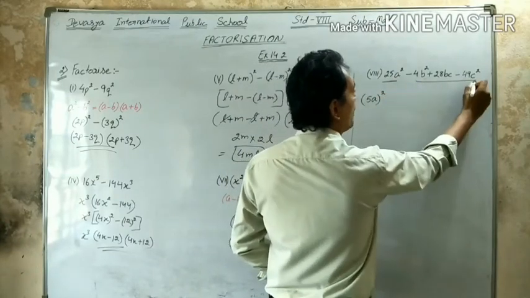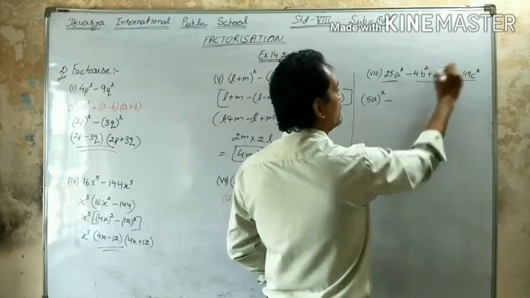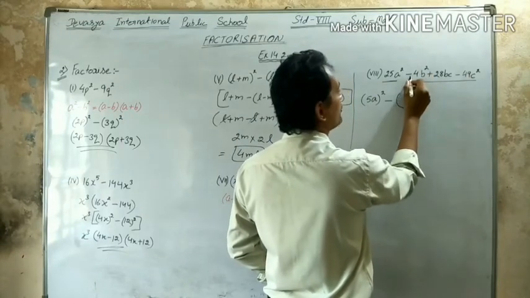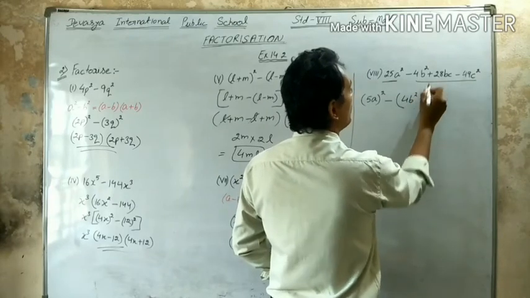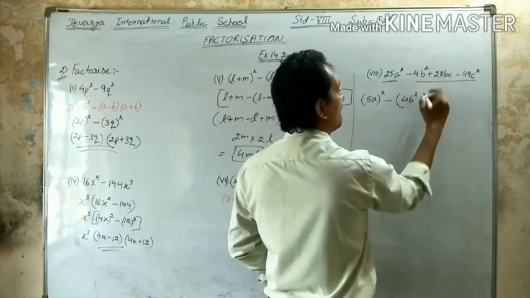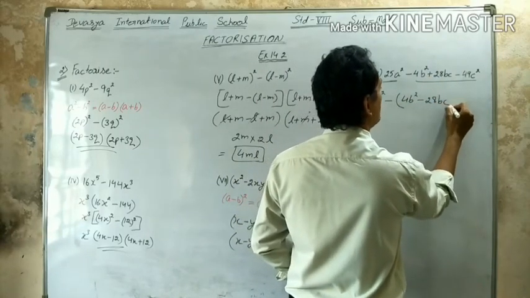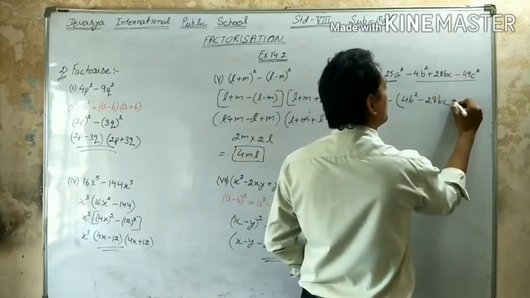From the rest of the expression we can take minus as common, and put the rest of the thing into a bracket. So minus we have taken common, so we have 4b square. This is plus, because we have taken minus common outside, so this plus becomes minus 28bc, minus again we have taken common, so here we get plus 49c square.